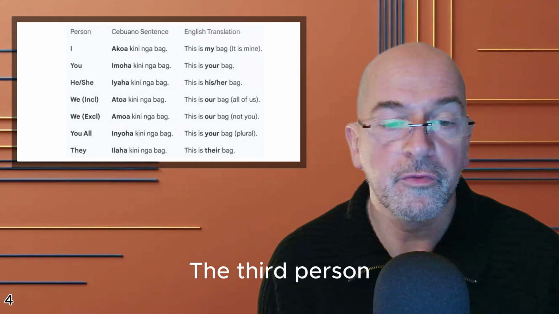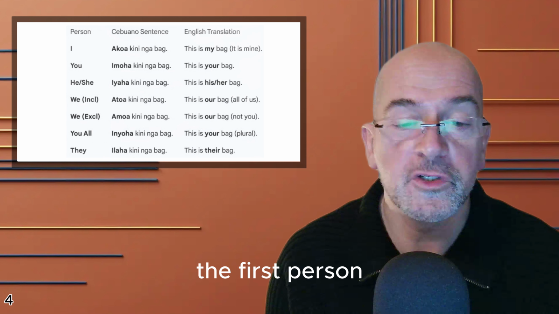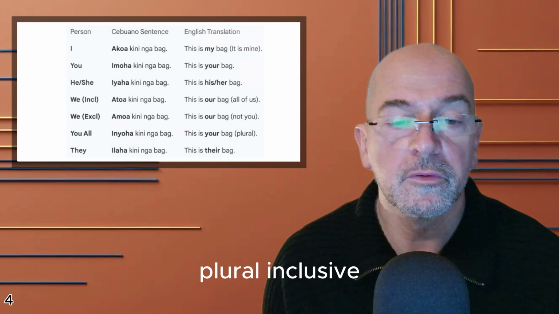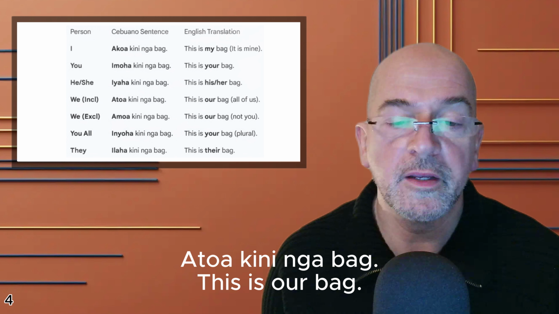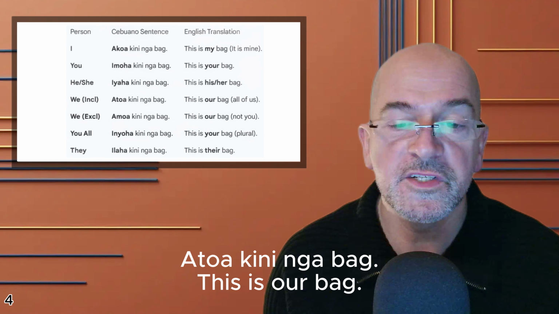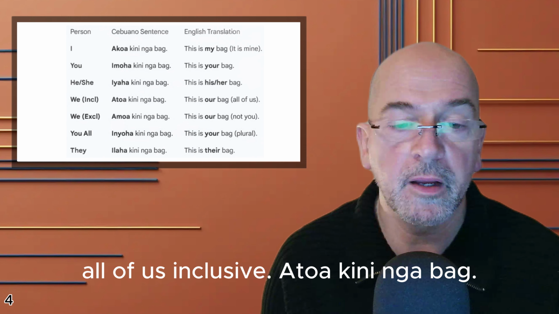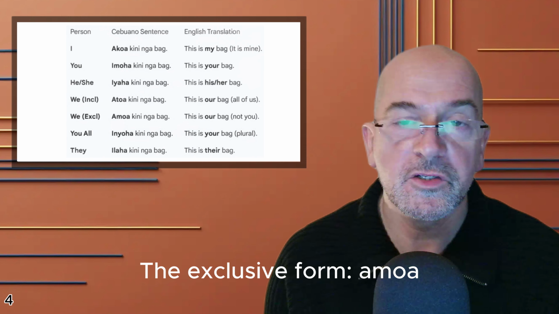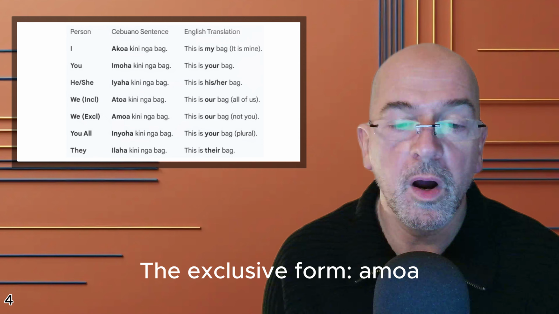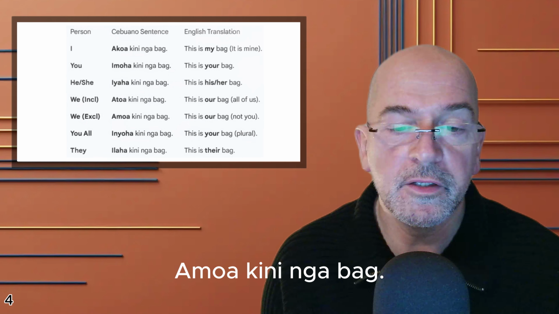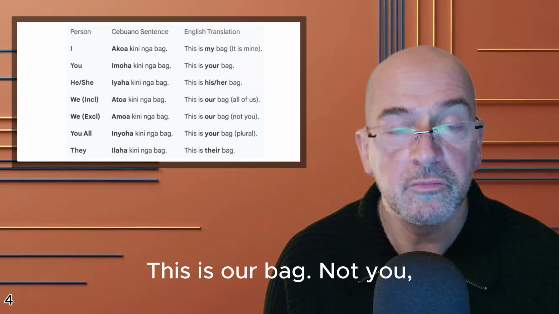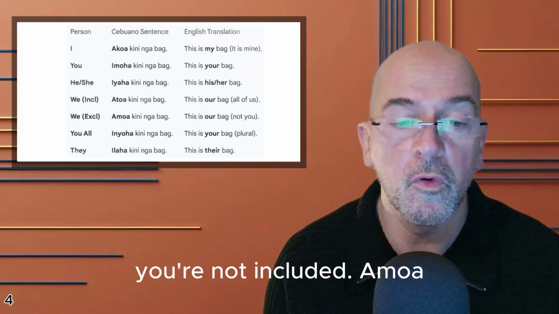The first person plural, inclusive, atoa kini nga bag. This is our bag, all of us, inclusive. The exclusive form, amoa. Amoa kini nga bag. This is our bag, not you. You're not included.